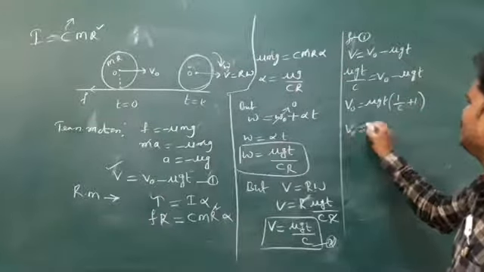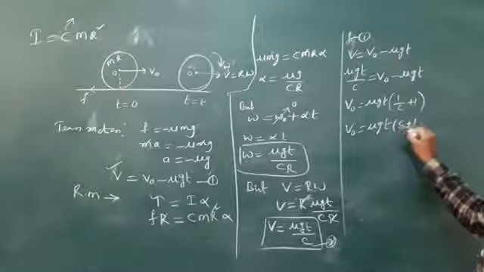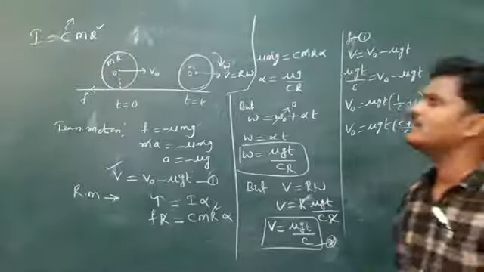So v naught is equivalent to μgt (c+1)/c. I think it is too lengthy.